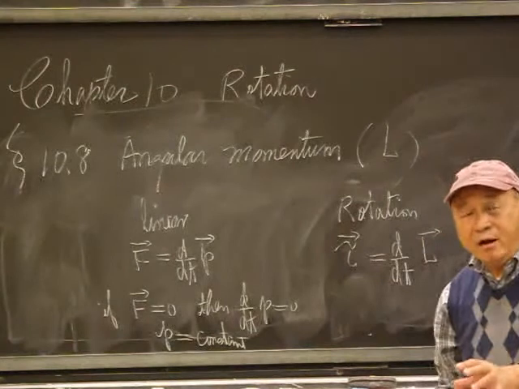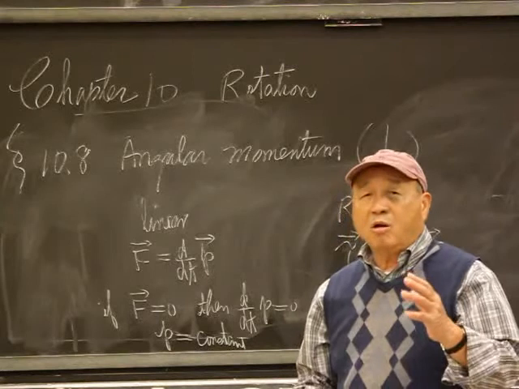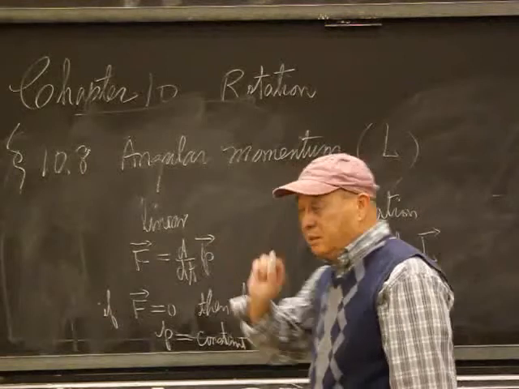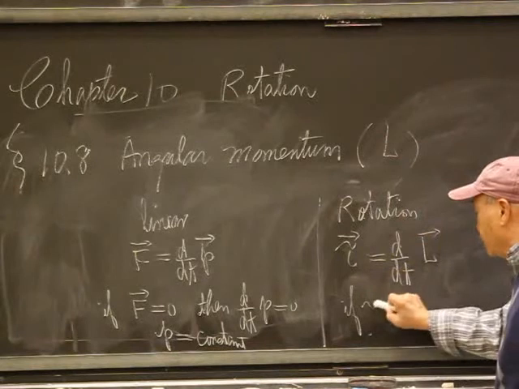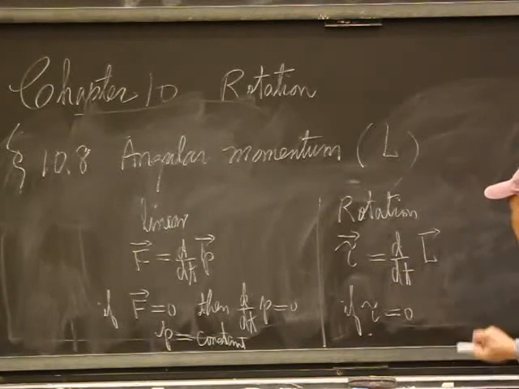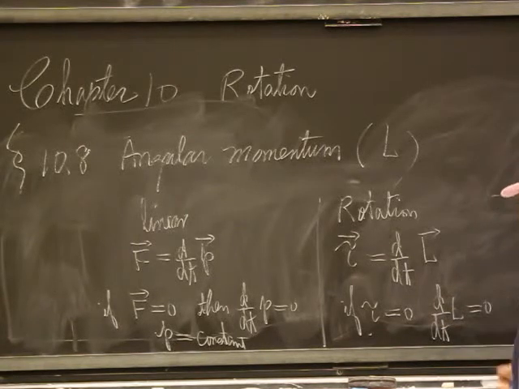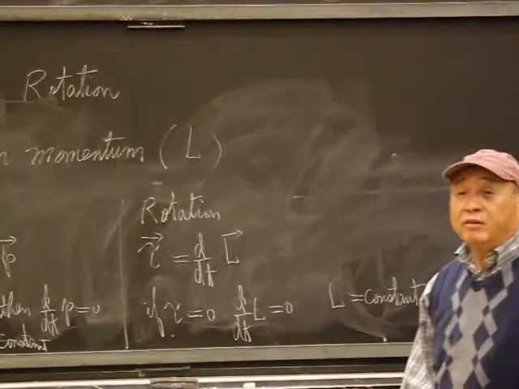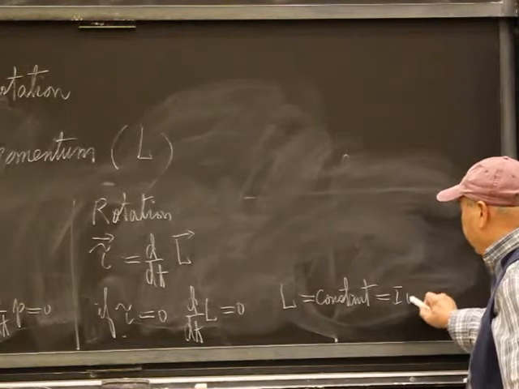When there's no force acting on a system, we have conservation of linear momentum, because p is constant. Now if there's no torque acting on the system, tau equals 0, then dL/dt equals 0, so L is equal to a constant. That is called conservation of angular momentum, which is equal to I omega.